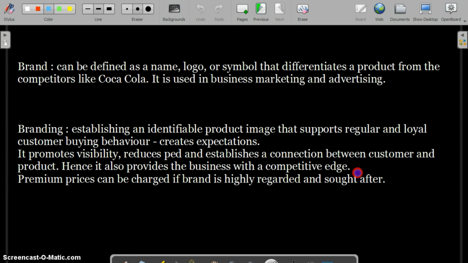And if you want to decrease your price, that could also be done in a competitive environment. If competitors are competing on price factors, you could lower your price, and people will still buy your product, and they will buy it even more because you are a branded product.